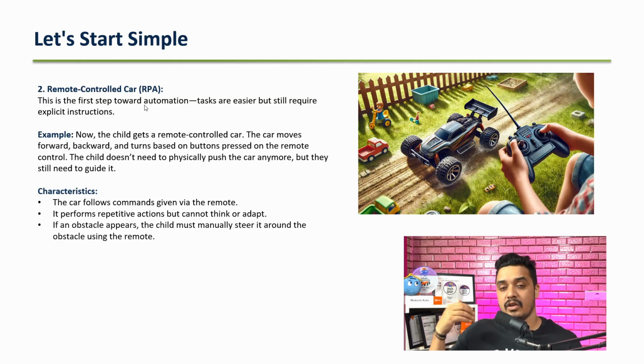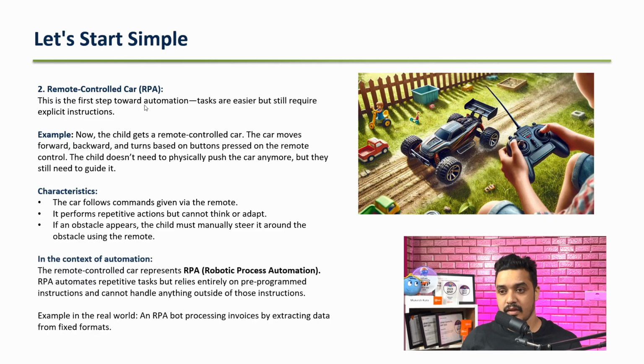It does not have that ability, right? And as a human user or as a child, you only have this remote control where you can do a certain set of actions. Now, in the context of automation, the remote control car represents robotic process automation, which entirely depends on the pre-programmed instructions. You automate the process, you define the steps, and the robot follows the instructions.